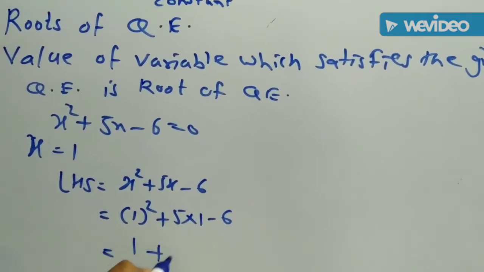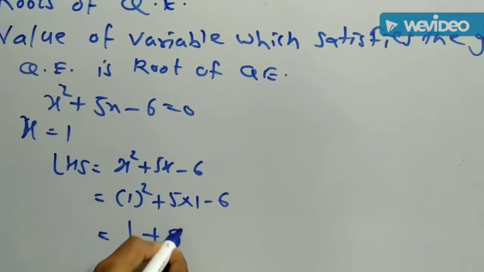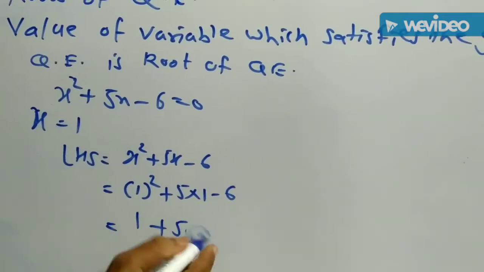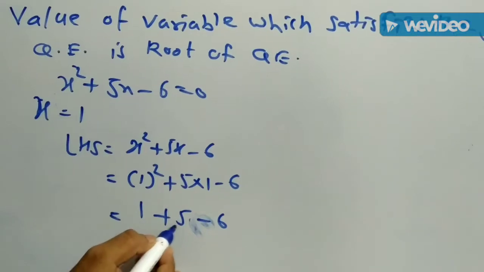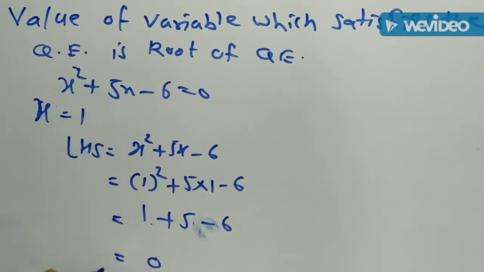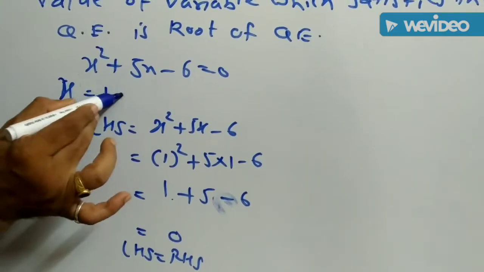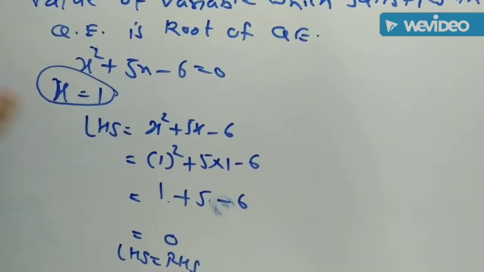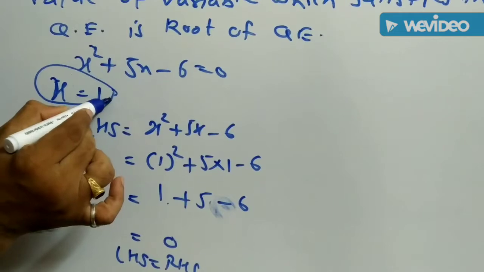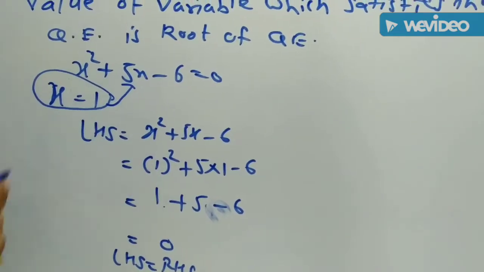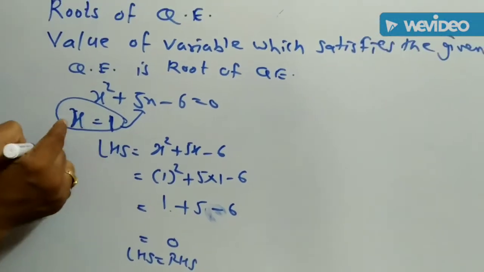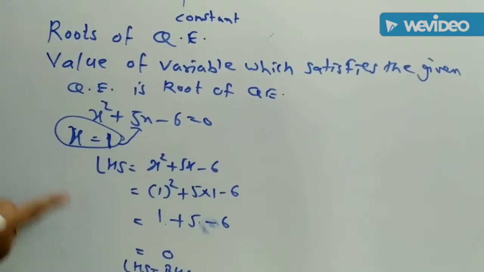Square of 1 is 1, 5 times 1 is 5, minus 6. Then 5 plus 1 is 6, 6 minus 6 is 0. Therefore we get LHS equal to RHS, that is, the value x as 1 satisfies the given quadratic equation, and therefore 1 is a root of the given quadratic equation.